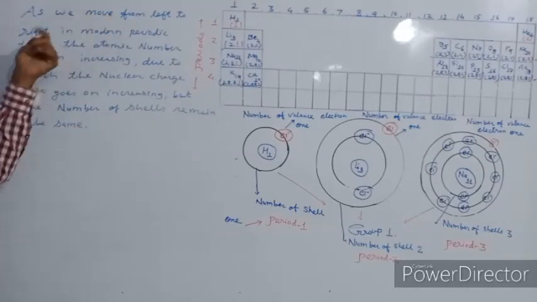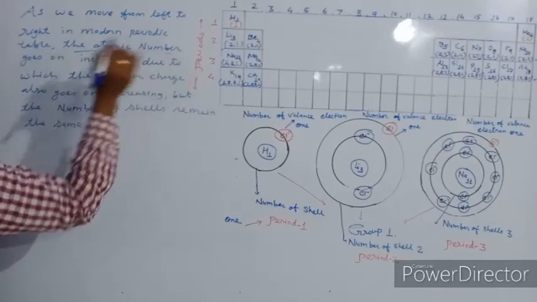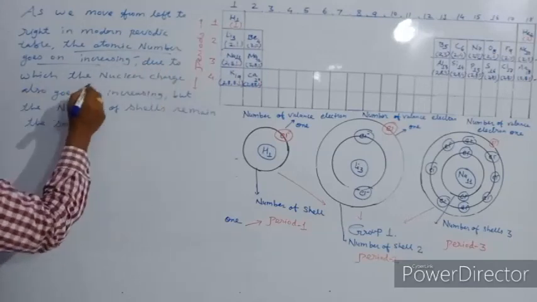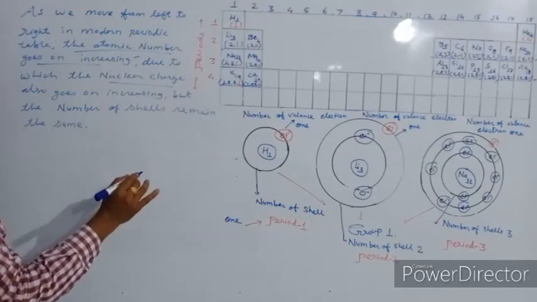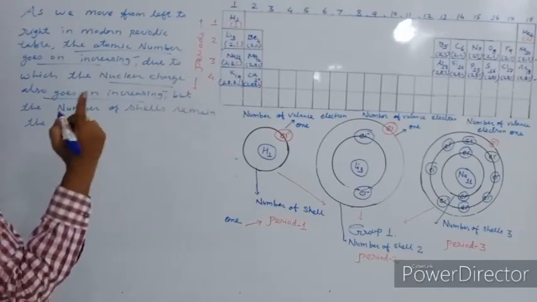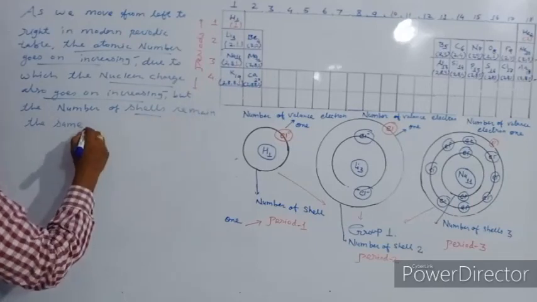As we move from left to right, the atomic number goes on increasing, due to which the nuclear charge also goes on increasing, but the number of shells remains the same.